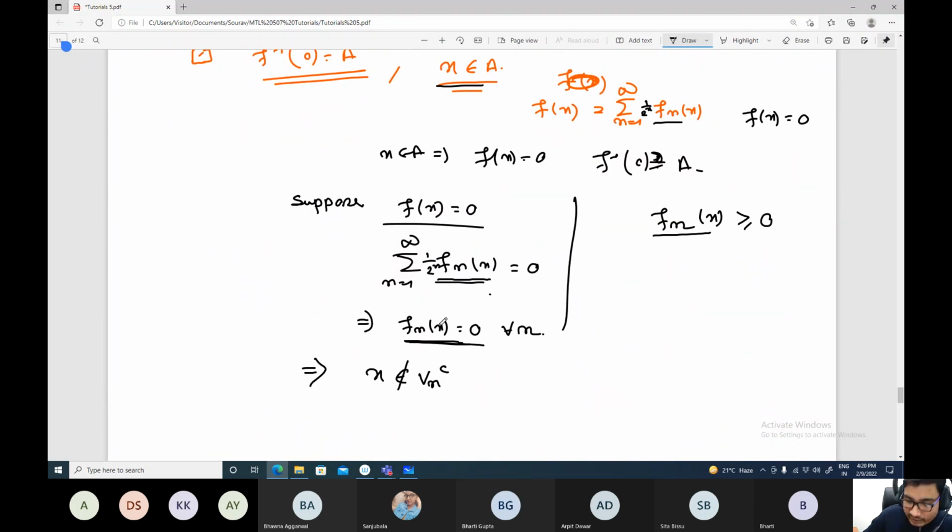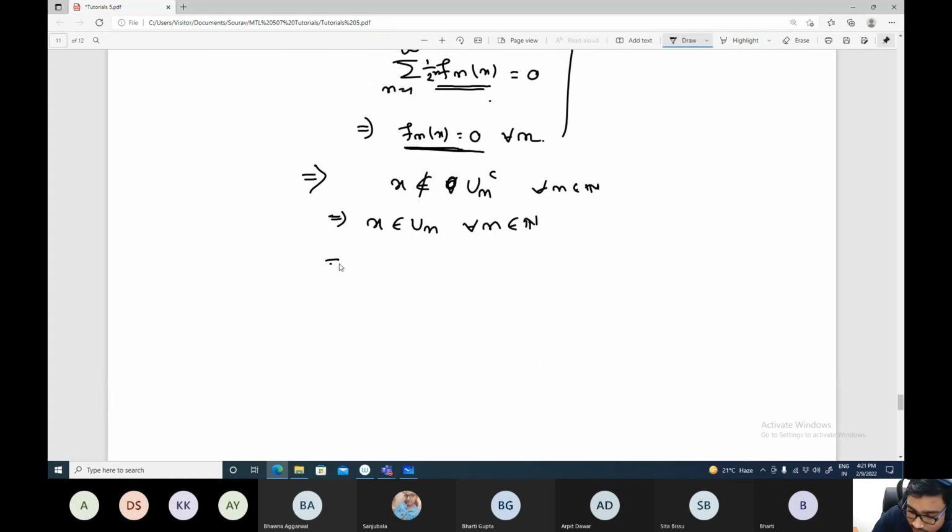Now come to here. fn(x) is equal to 0 implies x does not belong to Un complement, again, because when x is in Un complement, then fn(x) is 1. So this implies x belongs to Un for all n belonging to N. And this holds for all n.